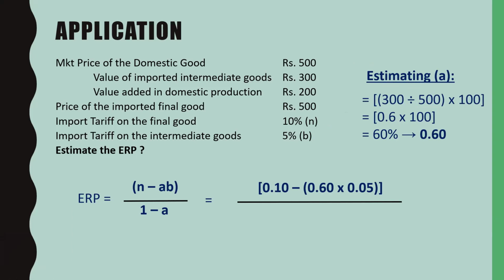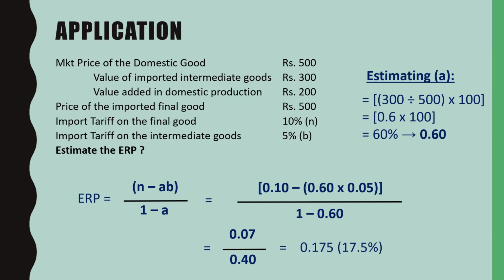A is 0.60, b is 0.05. Divided by 1 minus 0.60. If you solve this properly, it will be 0.07 divided by 0.040. The answer should be 17.5 or 0.175. Are we clear?